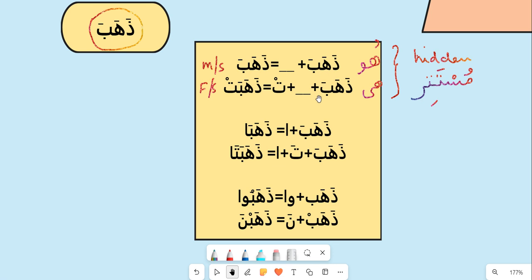But now, when you don't have any pronoun attached here to distinguish that this is used for feminine singular, we attach a sign of femininity. Now, this is a special ta with sukoon over it called ta'u tanis.